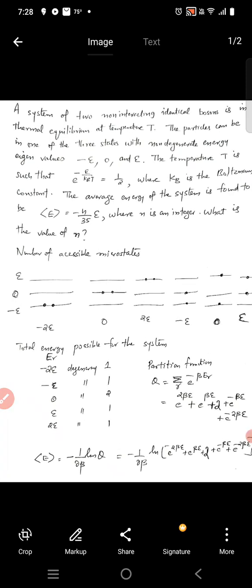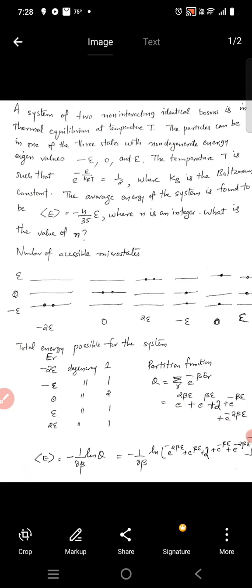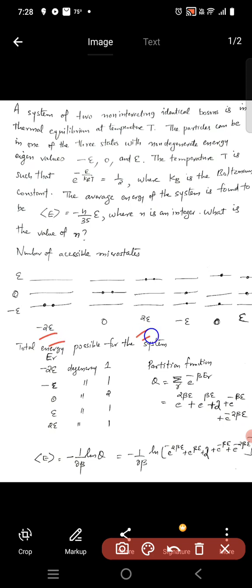And we can see that for all these energies, whether it is minus 2 epsilon or minus epsilon, the degeneracy is 1, but the total energy 0 comes for two distributions.